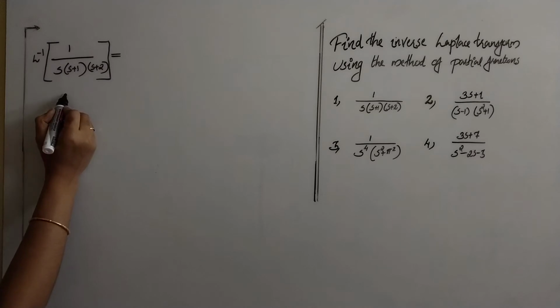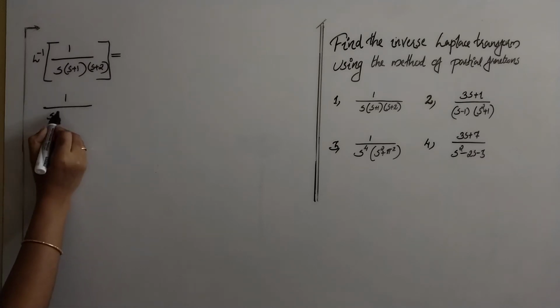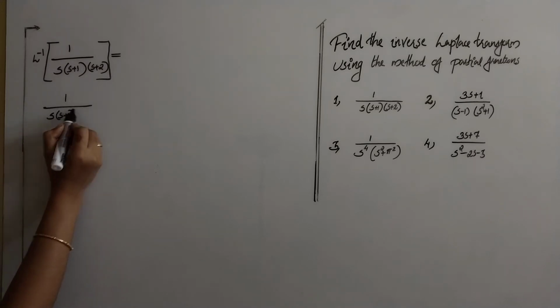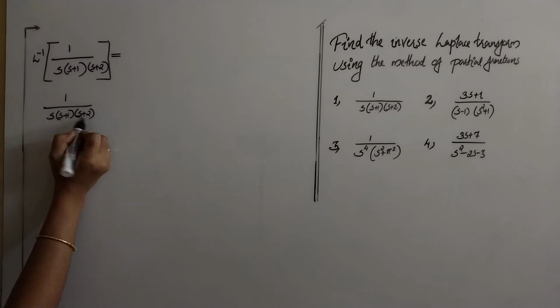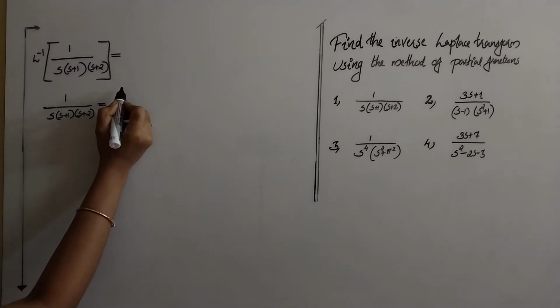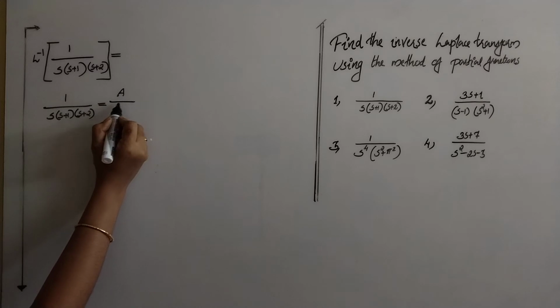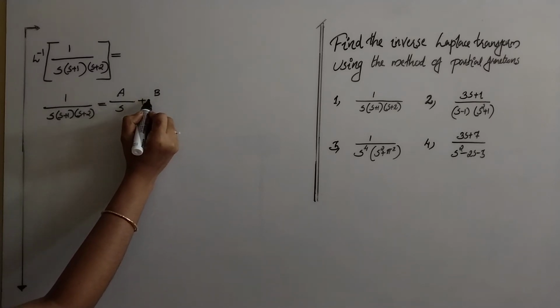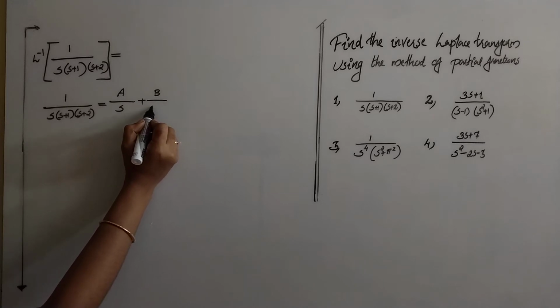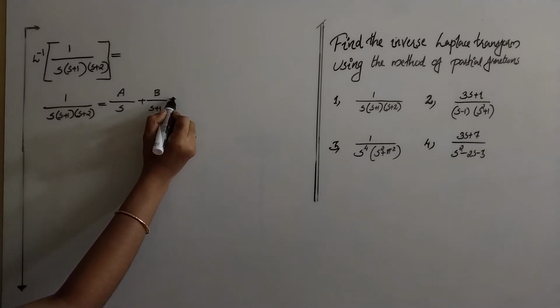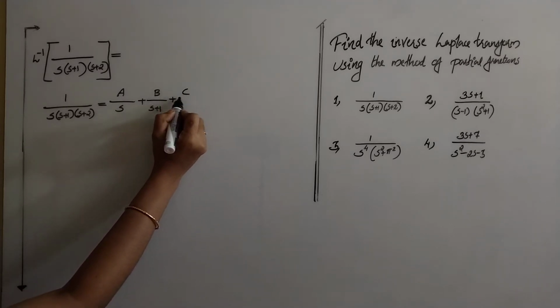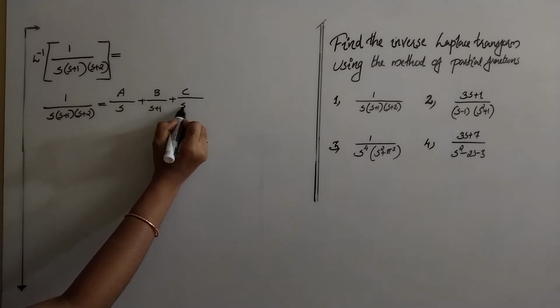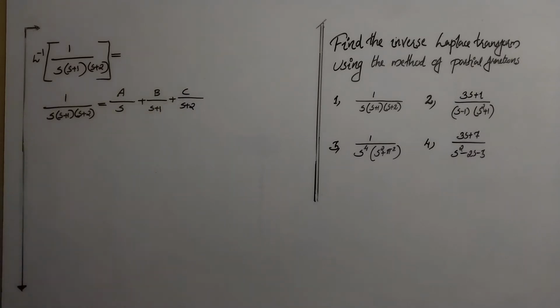We can write 1 by s into s plus 1 into s plus 2 as a divided by s plus b divided by s plus 1 plus c divided by s plus 2, where a, b and c are constants.